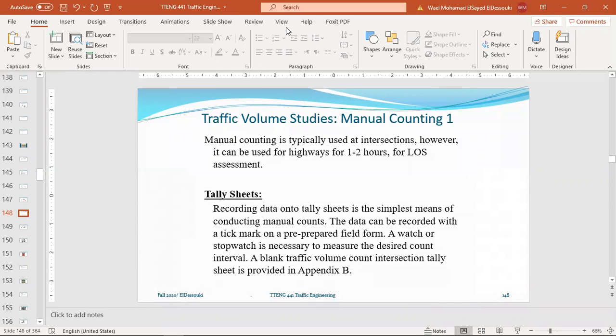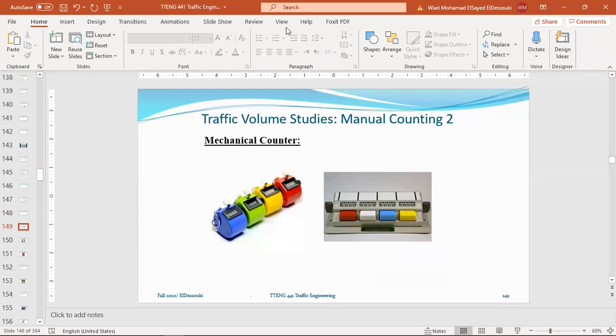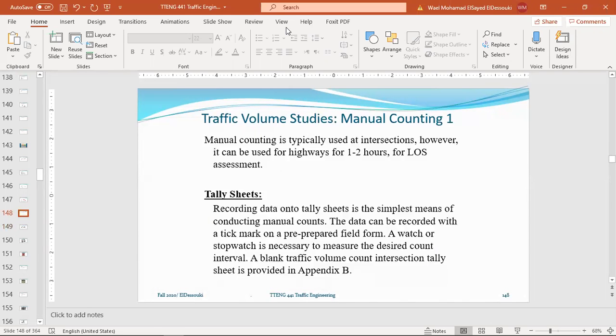Okay, the traffic volume studies. We have the first method, that's counting. Counting using a tally sheet, which is a piece of paper, and we put it in a table, and we mark in groups of 4, then a horizontal dash, that's 5.